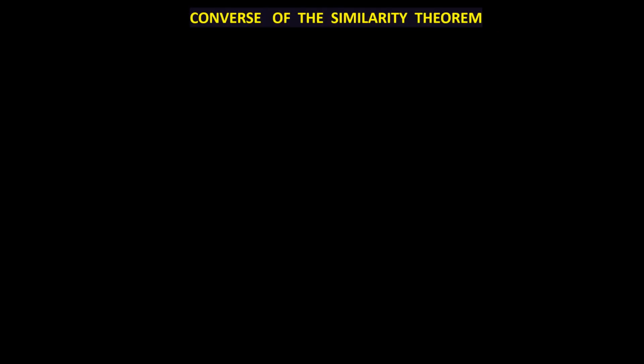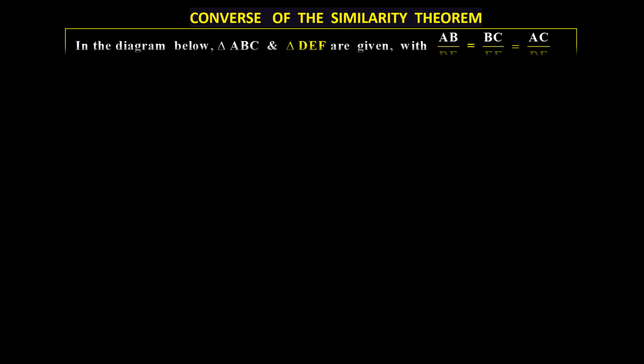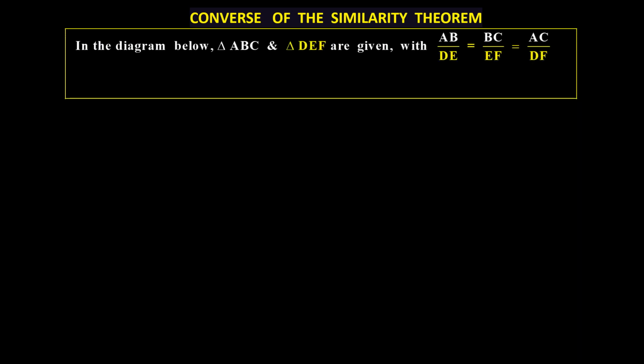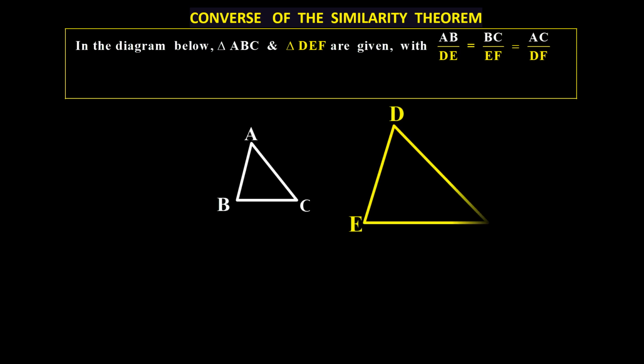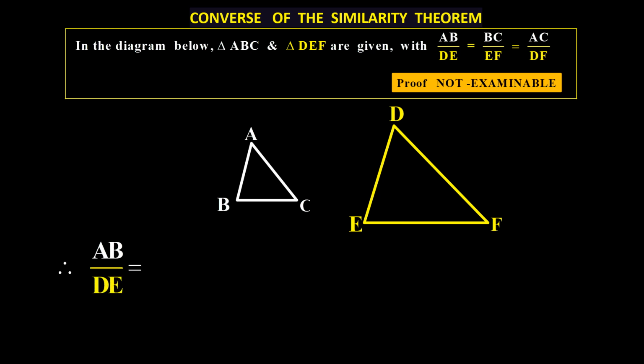Now let's look at the converse of the similarity theorem. Let's look at this statement here. Triangle ABC and triangle DEF are given such that their corresponding sides are in proportion. In other words, I have AB over DE, BC over EF, and AC over DF.